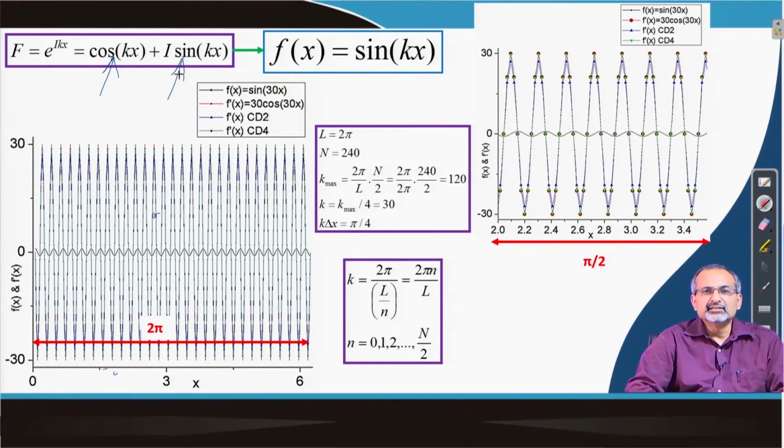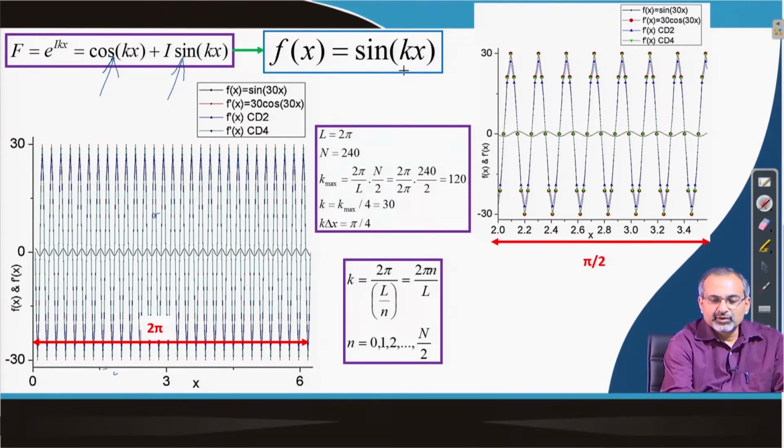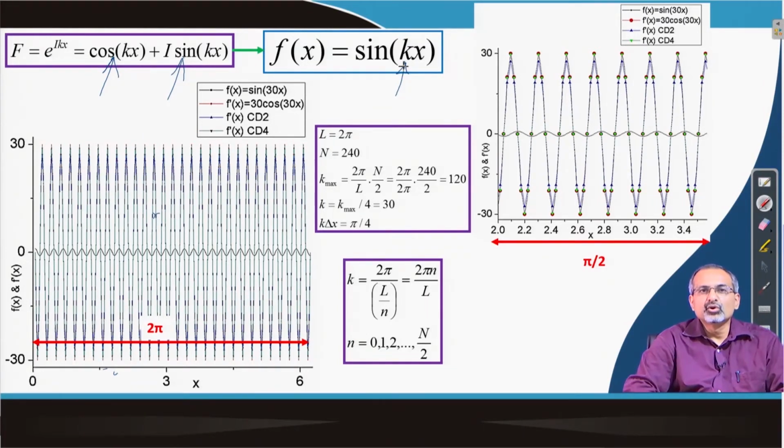Now, we are revisiting the problem by doing an example, and we have just taken up a sine term, but with the wave number embedded here with x, so that we have a control over choosing the wave number, and therefore, we can look at waves whose wavelengths could be varied conveniently, and thereby we can see how the finite difference schemes CD2 and CD4 are doing in calculating the first derivative of this function for different values of the k.